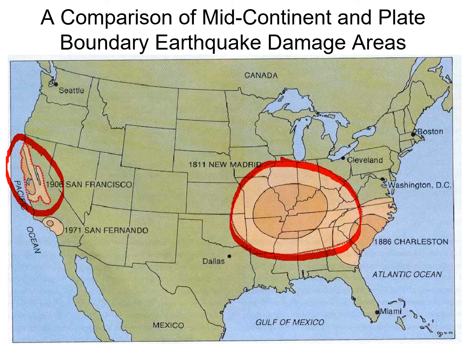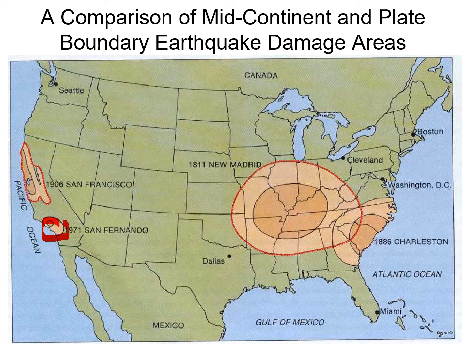And so even though the earthquakes were similar in magnitude, we can see that the New Madrid event was actually felt over a much larger area, or at least it had the same level of shaking over a much larger area. And then also for the '71 San Fernando earthquake, that's similar in size to what happened in 1886 in Charleston, South Carolina. And so again, in the interior of the plate, the seismic waves can travel faster and farther.